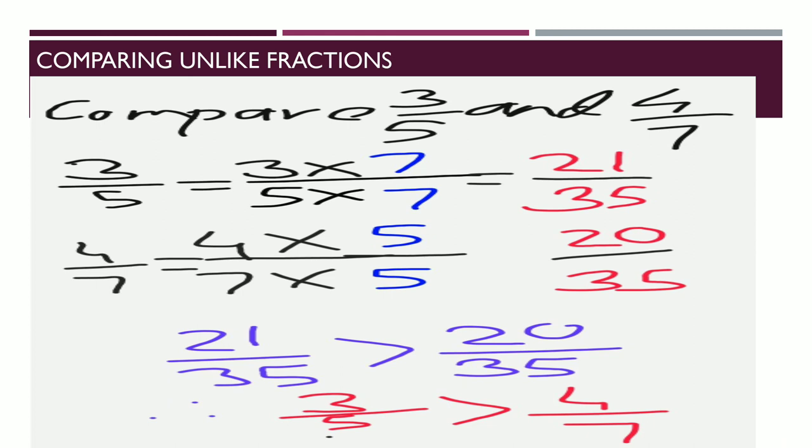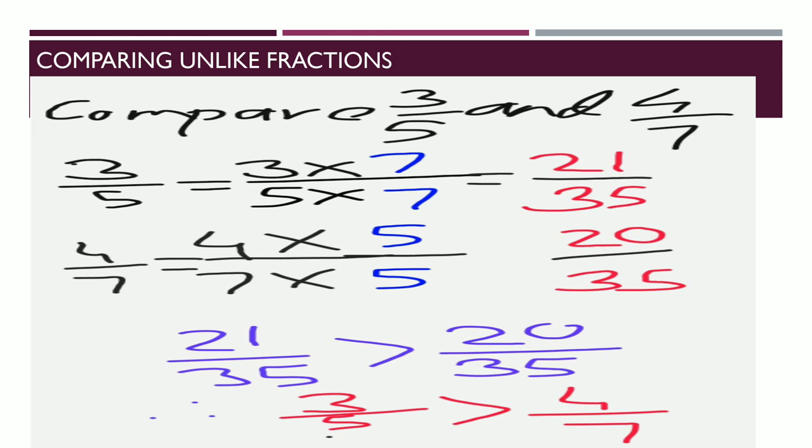For getting 35, the first fraction is multiplied by 7. So we get 21 upon 35. For getting denominator 35, the second fraction is multiplied by 5, so we get the fraction 20 upon 35. 21 upon 35, 20 upon 35.